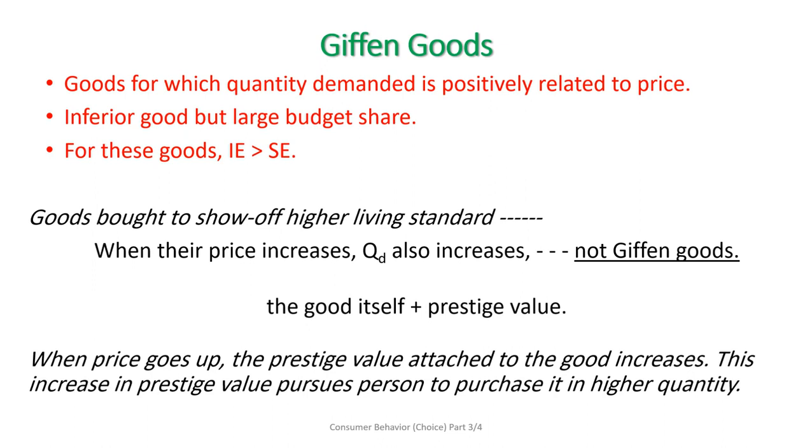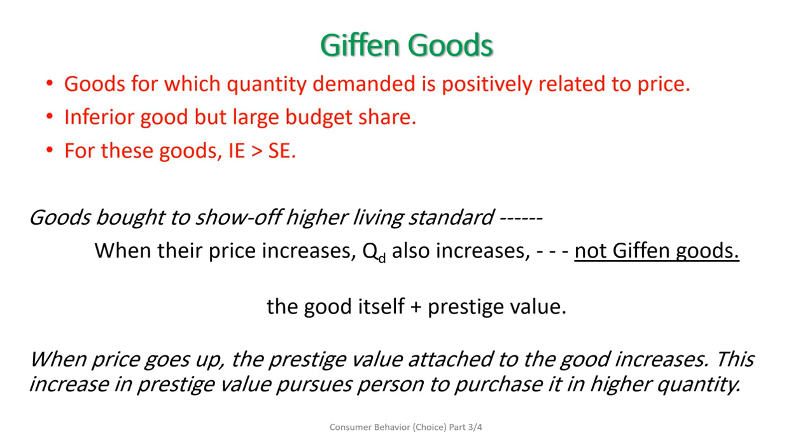There is another confusion about the Giffen goods. There are some goods that are bought to show off higher living standards. And we observe that when their price increases, their quantity demanded also increases. However, keep in mind that these are not Giffen goods.